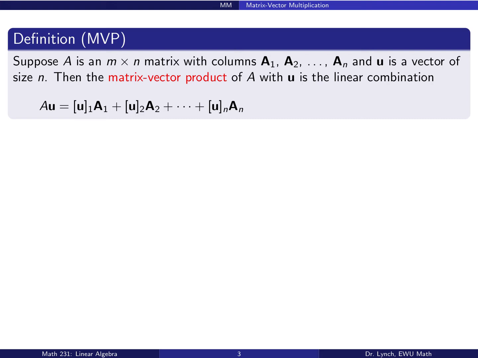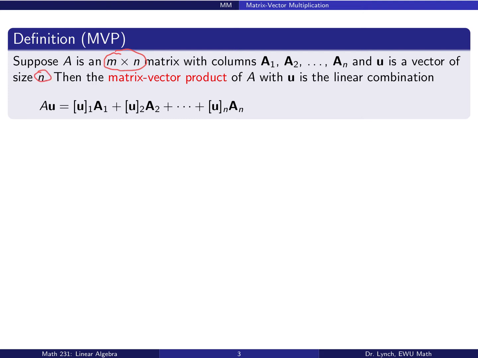Okay, so here is the definition of the product of the matrix A, which is M by N, with the vector U, which has N components.